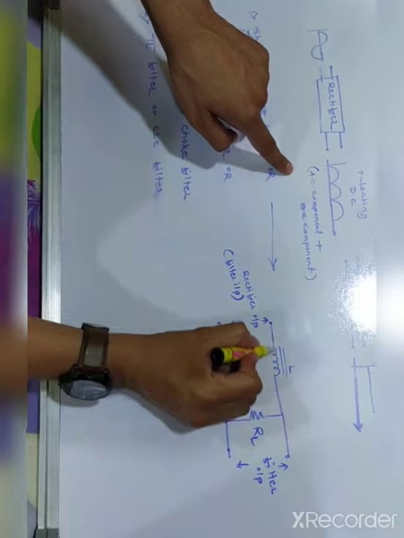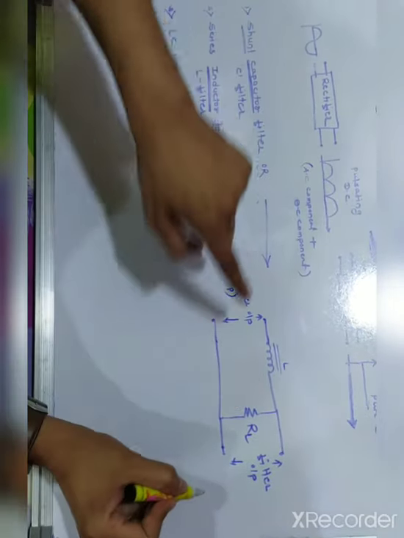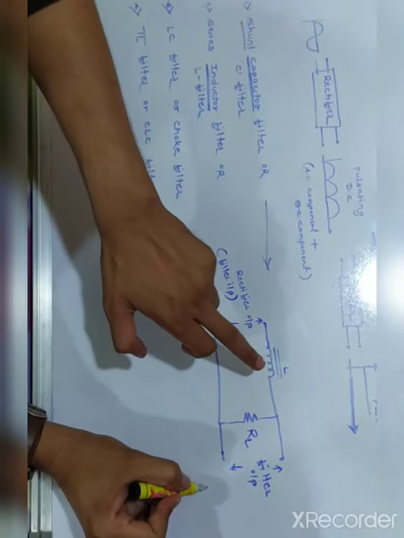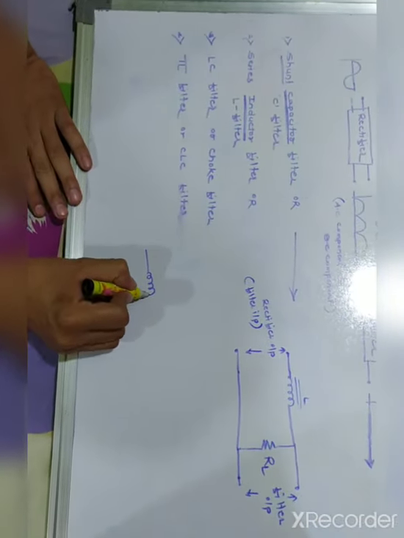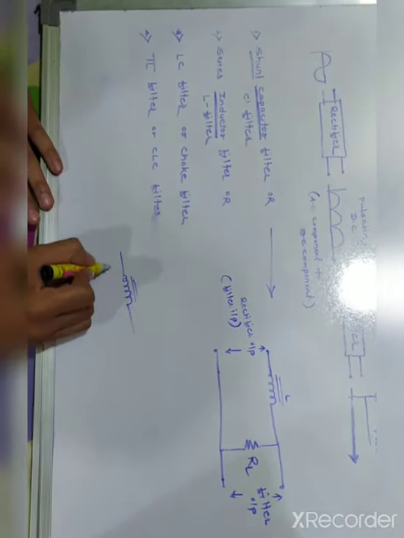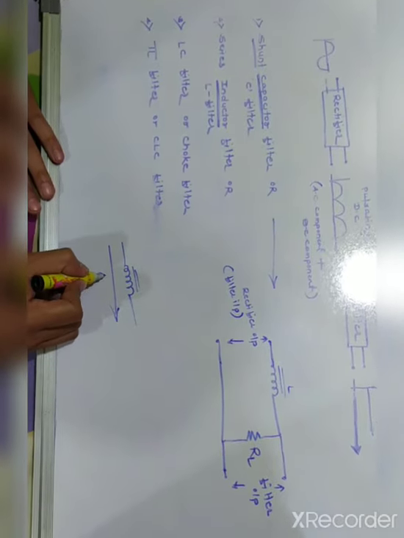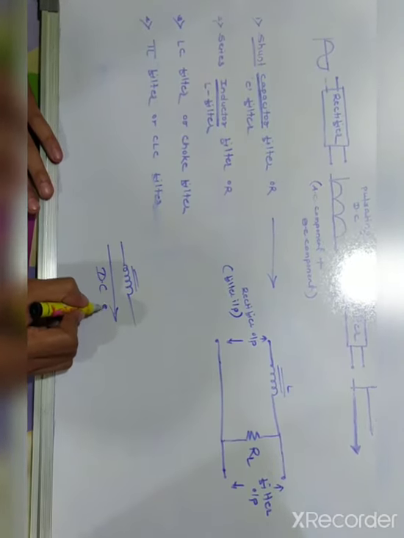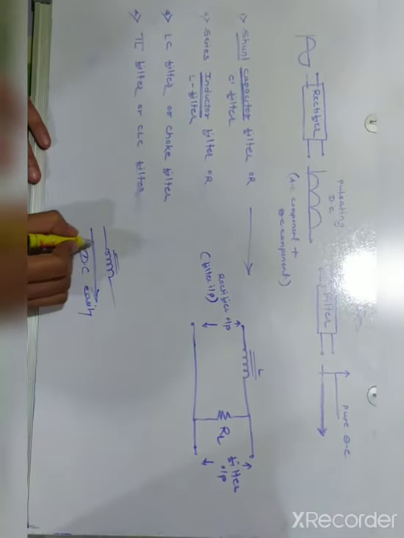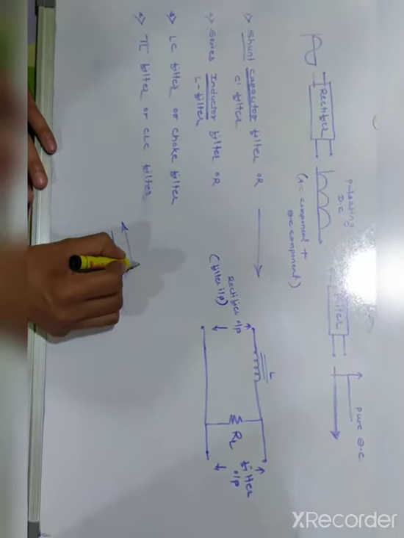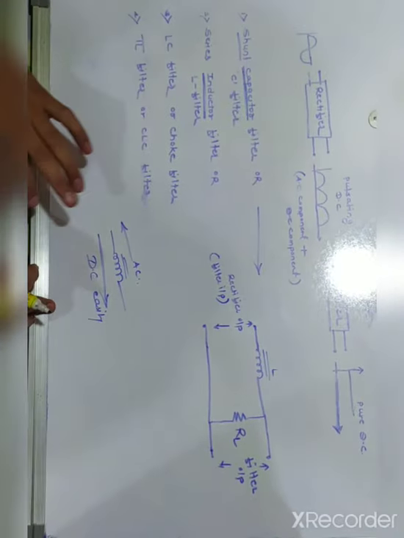Here the inductor is connected in series with the load, and you must know the property of an inductor. It passes the DC easily, and it opposes the AC.